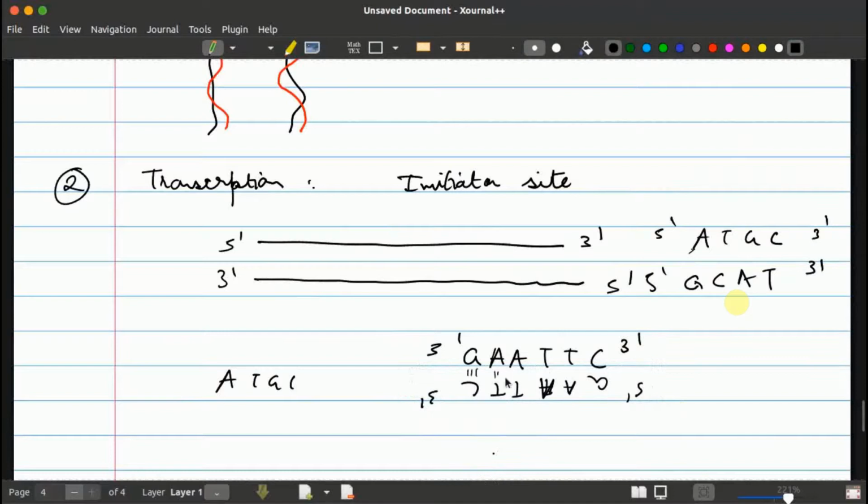G triple bond, double bond, double bond, double bond, double bond, triple bond. This is how the actual DNA looks. That is why it's a palindrome: when reading backwards you are reading from the 5 prime end here. GAATTC, GAATTC, on both sides. You never read from 3 prime to 5 prime.